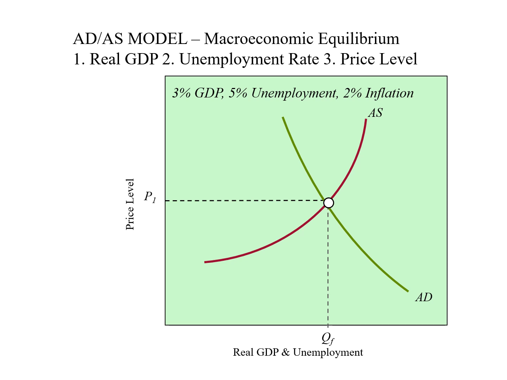Here is the macroeconomic representation of the entire economy using the aggregate demand, aggregate supply model. Notice our three variables are simultaneously being measured with the model. On the vertical axis, what are we measuring? Price level, the general price level in the economy.